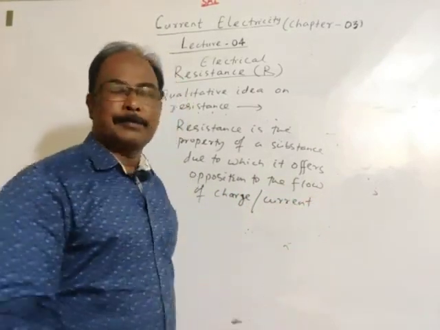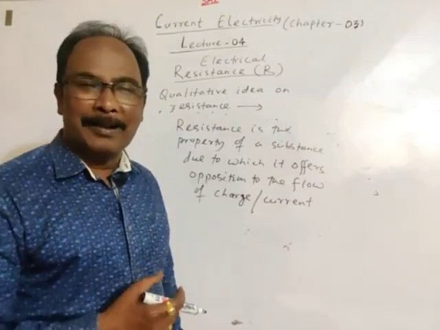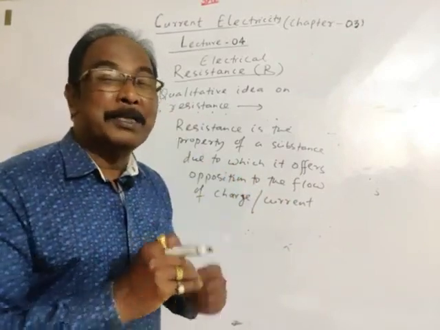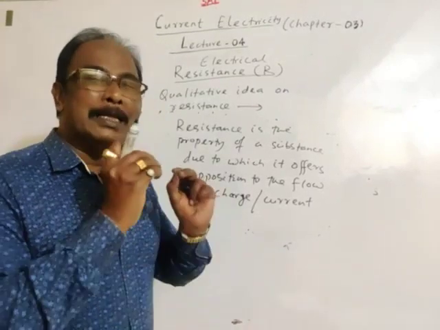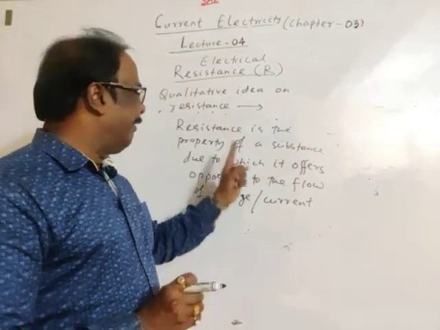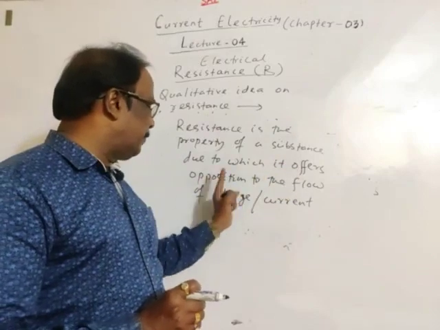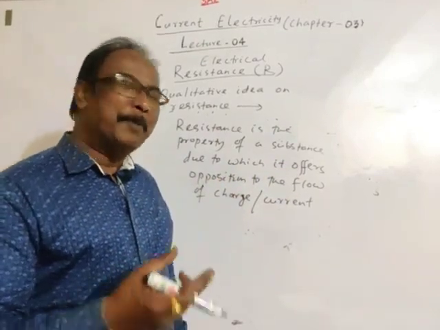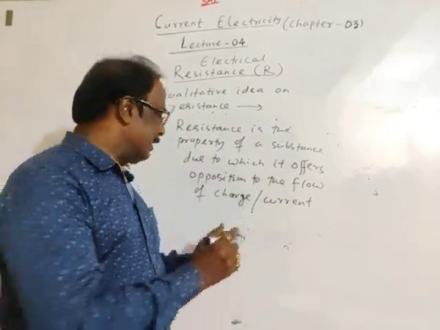Current, as we have qualitatively discussed, means flow of charge. So due to collision, motion of charge, means motion of free electrons, is opposed. So collision is the cause of resistance. Qualitatively, resistance is the property of a substance due to which it offers opposition to the flow of charge or current through it.